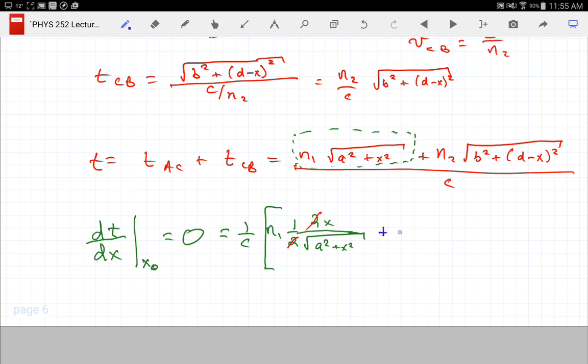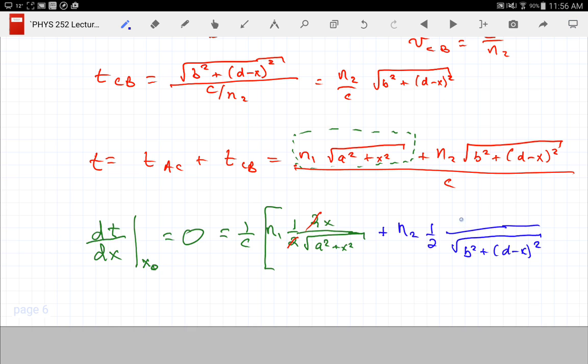The n2 times 1/2 and then the square root of the bottom. The 2x minus x. Okay, not quite.